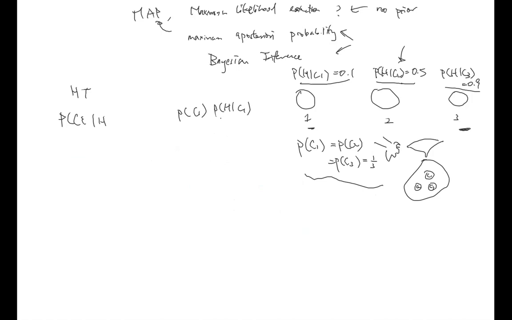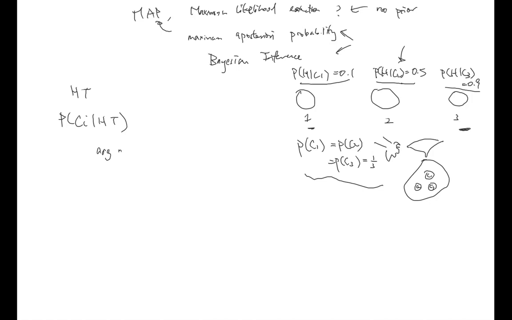So based on my experiment, again I want to ask the question: what is the probability of Ci given head and tail? If I ask you what is the coin that I actually pulled from the bag, the coin should be estimated as the coin that maximizes this probability, right?